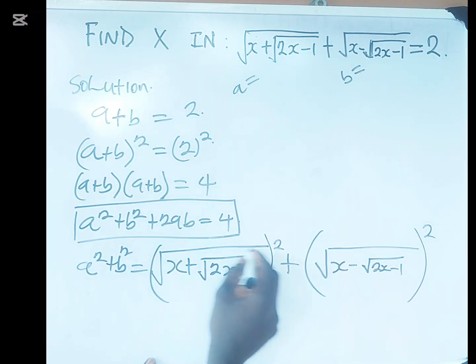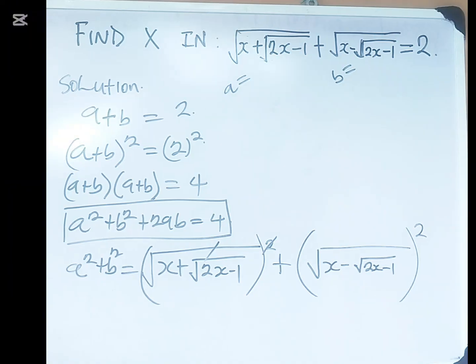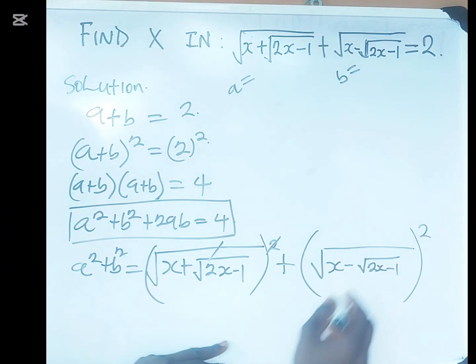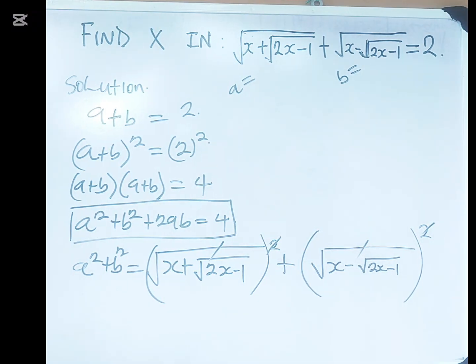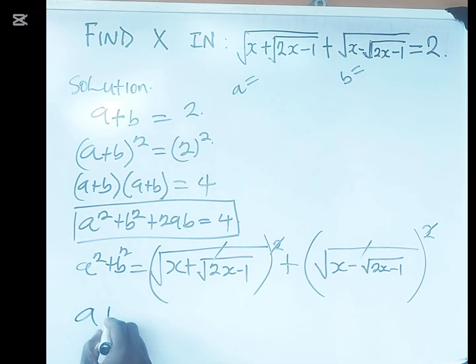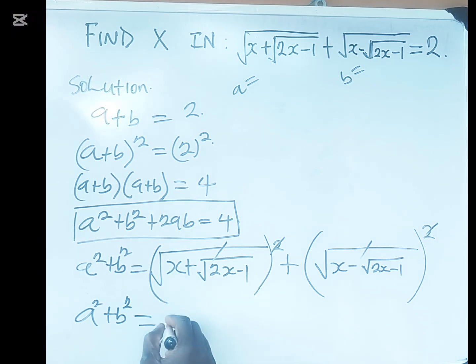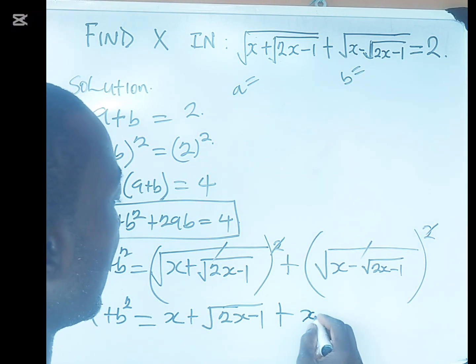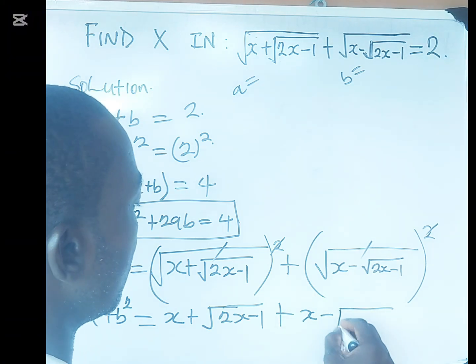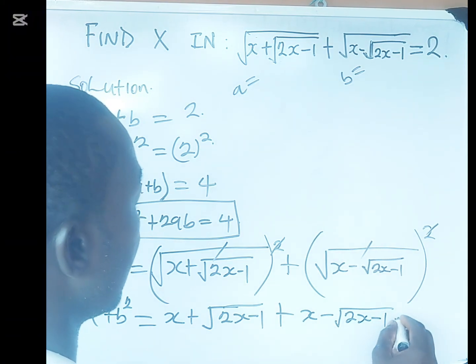When you get to this point, this 2 here cancels out this first root sign, and this 2 here cancels out the root sign in this case. So A squared plus B squared will be equal to x plus root of 2x minus 1, plus x minus root of 2x minus 1.